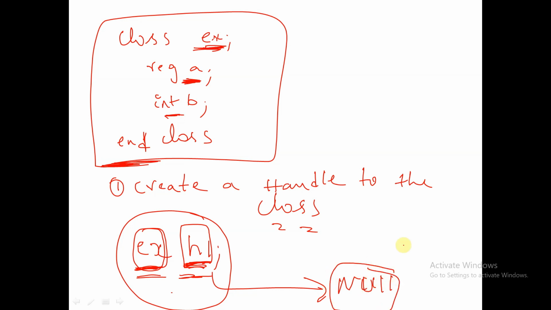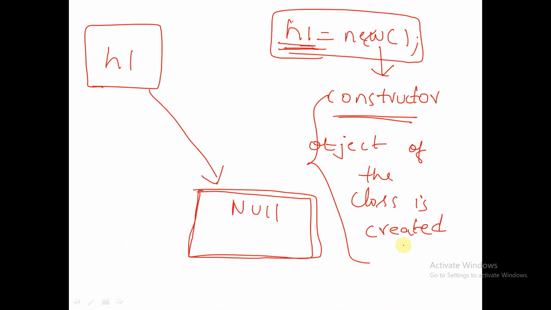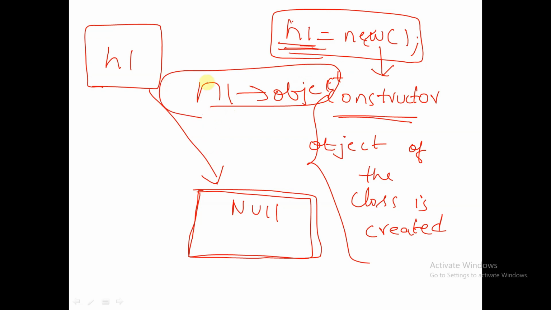We should use a keyword called new for creating an object for the class. So h1 is equal to new. That means h1 will now point towards an object, instead of pointing to null.